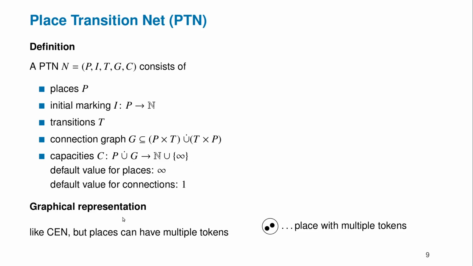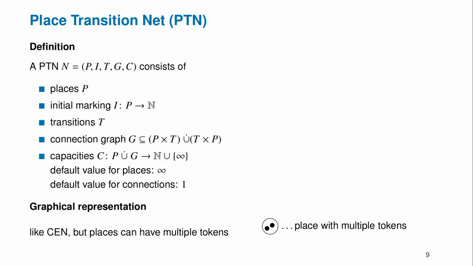In the graphical representation, there is almost no difference. For the places, we can have now multiple dots, multiple tokens in the big circle, and we have additional information which we need to provide. So we need to annotate the places with the capacity, and we need to annotate the connections also with the capacity.